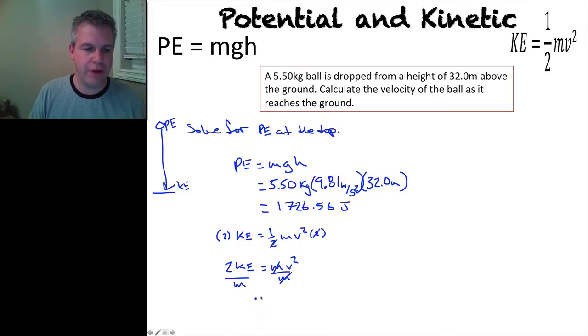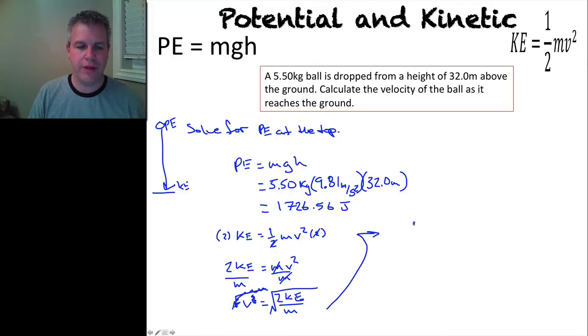I'm just going to flip my equation around, so I have v squared is equal to 2 KE over m. Now I have one thing left to do: take the square root of both sides. When I take the square root of a squared number, I can eliminate the square. That gives me v is equal to the square root of 2 KE all over m.